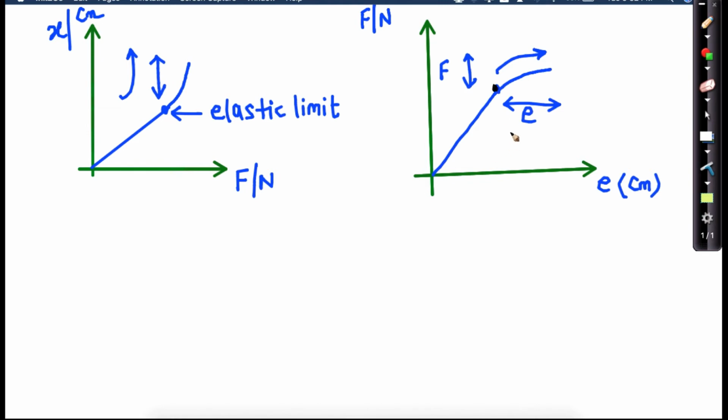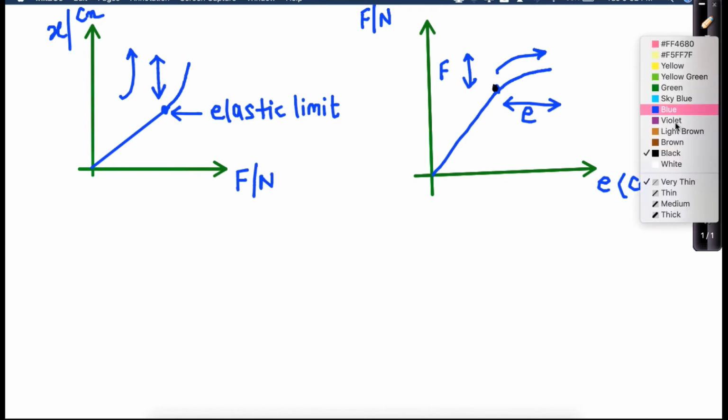Okay. Now, what is the elastic limit? How can we define elastic limit in the exam?